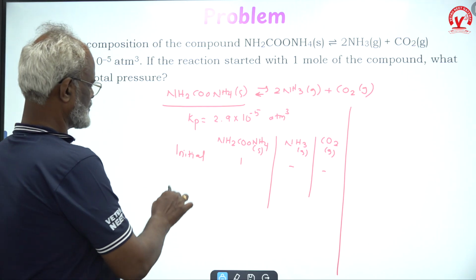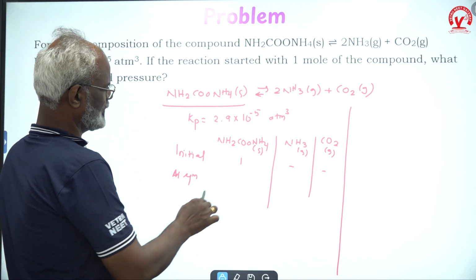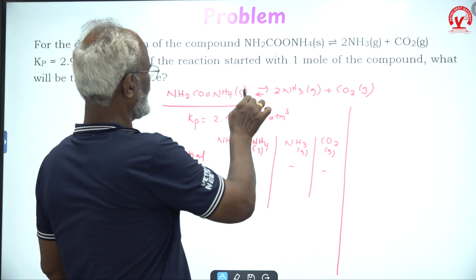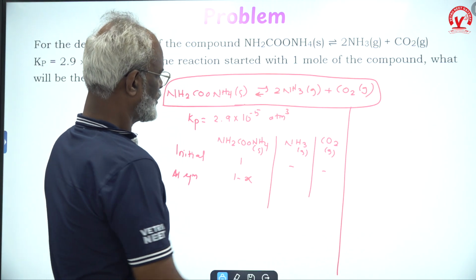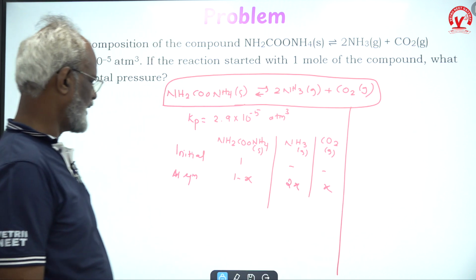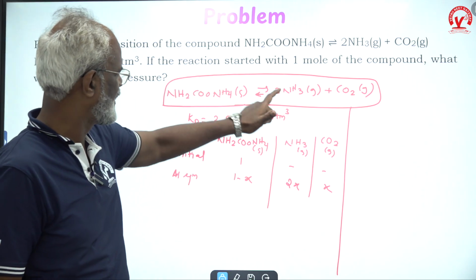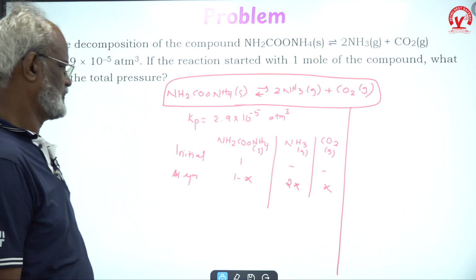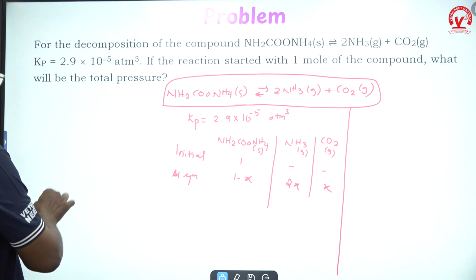At equilibrium, if X moles of reactant dissociate, stoichiometrically, looking at this equation, we get 2x of ammonia and x of carbon dioxide. Now we are given the Kp value.